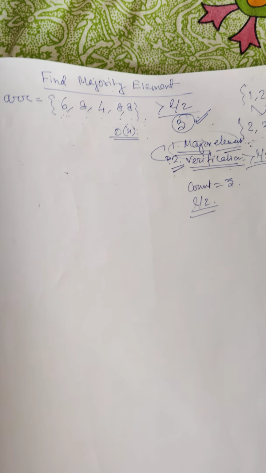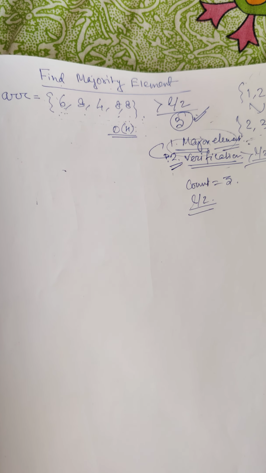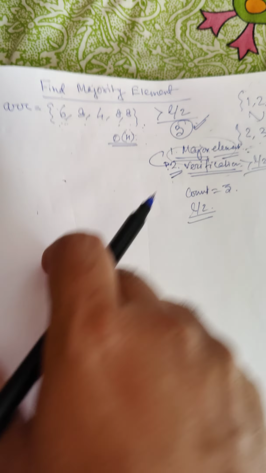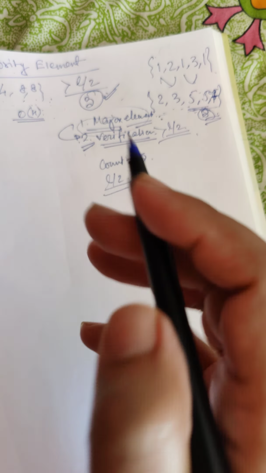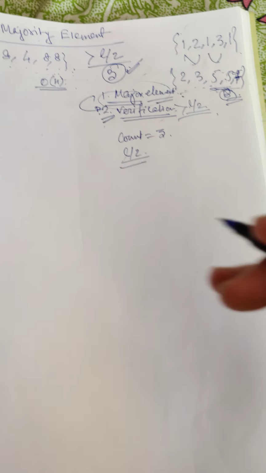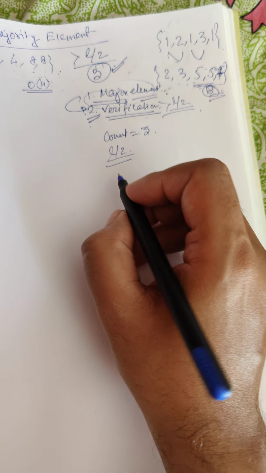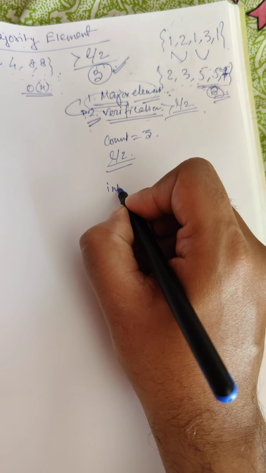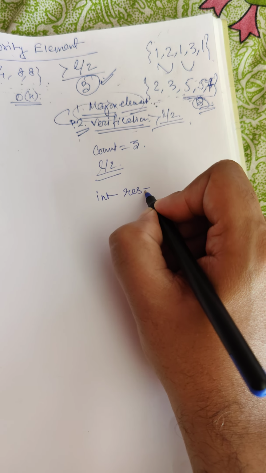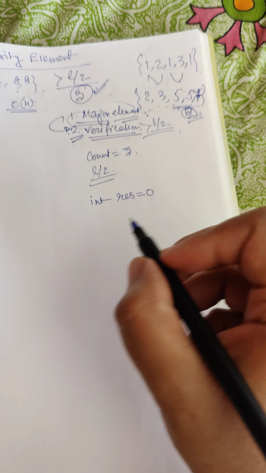Now let's come back to the first part, which is very interesting and very important. So let's dig into it. Let me first run the pseudocode. This code you can develop in Java or C++ as well. We have one integer, result, which is going to be the index.